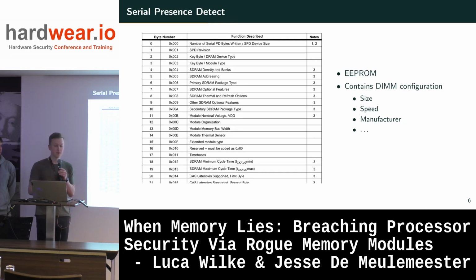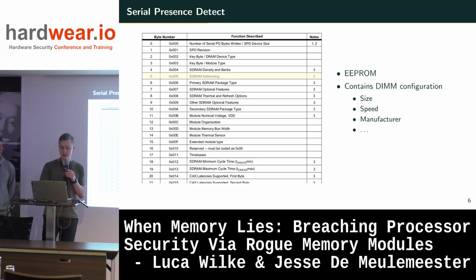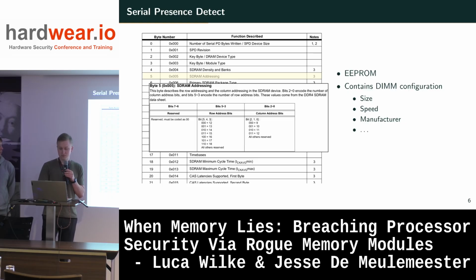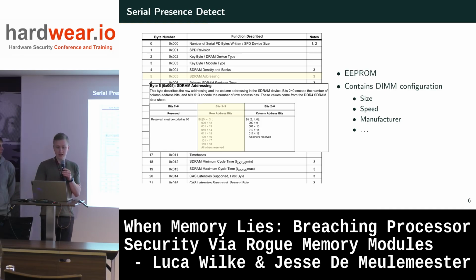In fact, it's quite a long table, but one particularly interesting entry in this SPD metadata is this SDRAM addressing field, which encodes the number of row bits and column bits. And so basically, it provides information about the size of the DIMM. And this is what we will manipulate in the following to overcome these mechanisms.